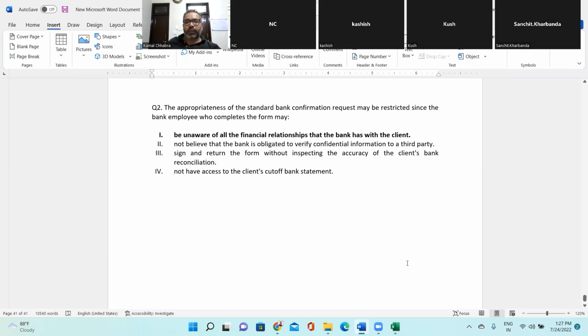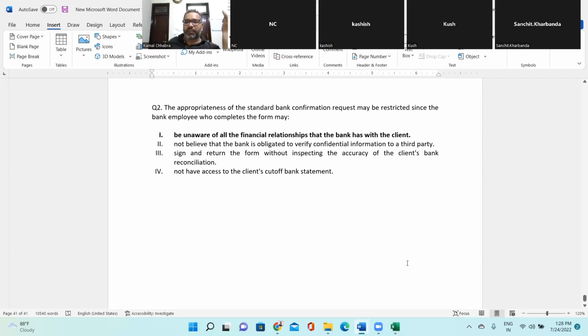Did you understand what is the call of the question? The appropriateness of the standard bank confirmation request which you are sending to the bank may be restricted since the bank employee who completes the form may, if you go to the fourth one, not have access to the client cutoff.